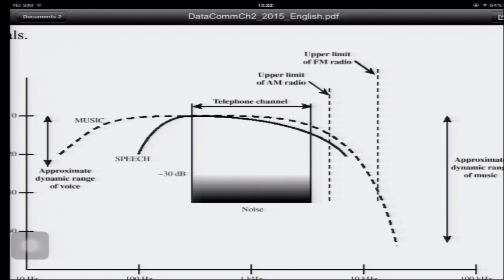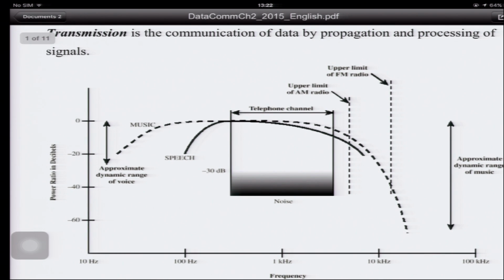Let's look at another signal, the music signal. When you hear music, it's more beautiful than speech. Why is that? Because it has a larger frequency range, from less than 100 Hz to about 20 kHz. The dashed line is the music spectrum, and the solid line is the speech spectrum.